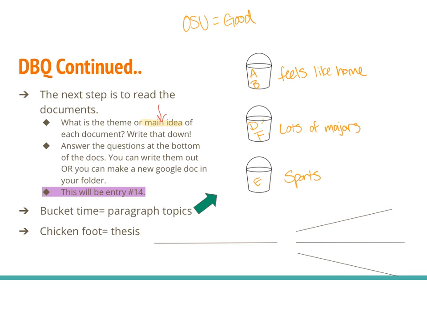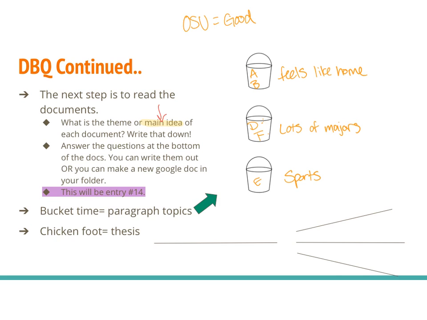Okay, so basically what you're doing as you read your China One Child Policy DBQ articles, you are coming up with 3 reasons as to why it's good or why it was a bad thing, okay? And you're going to come up with 3 topics, and those are essentially going to be your topics for each of your body paragraphs.